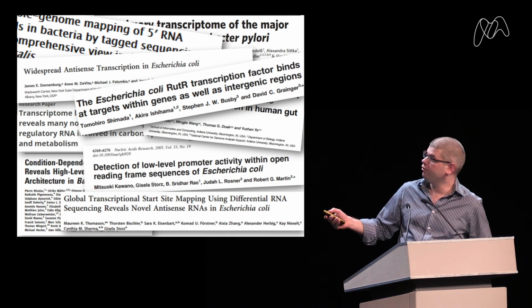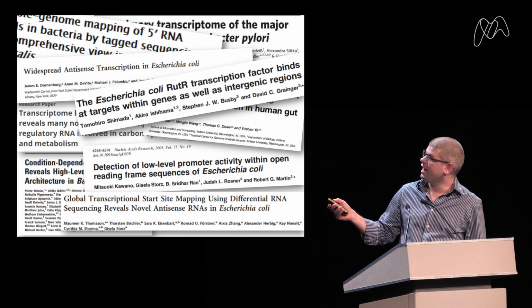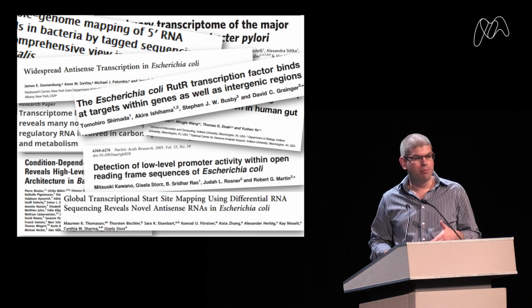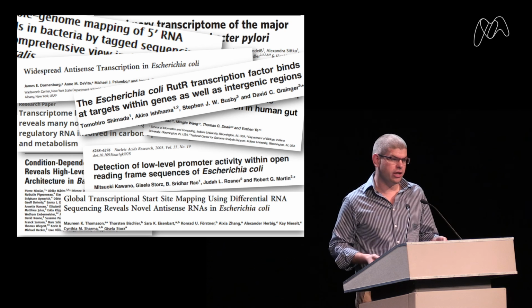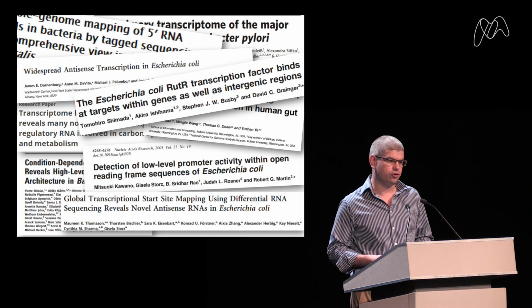So, for example, we've got this paper up here from Joe Wade's lab, widespread antisense transcription in E. coli. So this paper shows us that actually many genes in E. coli contain internal promoters that can drive the formation of an antisense transcript. Clearly, that doesn't fit very well with the way that the genome's annotated and the Operon view of genes and their control.